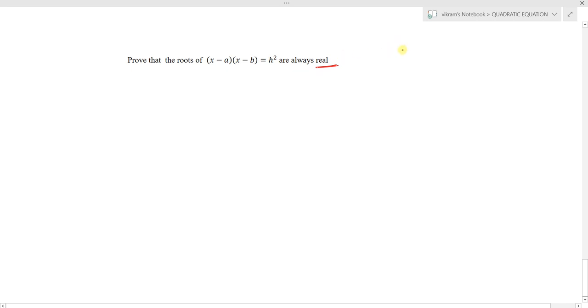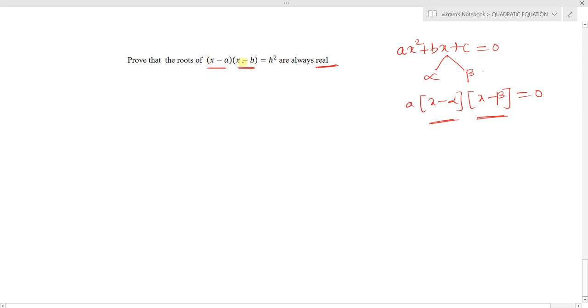We know that a quadratic equation ax square plus bx plus c equals 0, having roots alpha and beta, can also be expressed as a times x minus alpha into x minus beta equals 0, a factored form. This can be simplified as a times x square minus the sum of the roots into x plus the product of the roots.